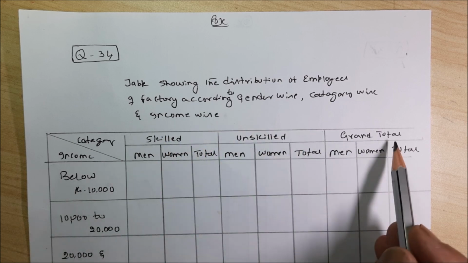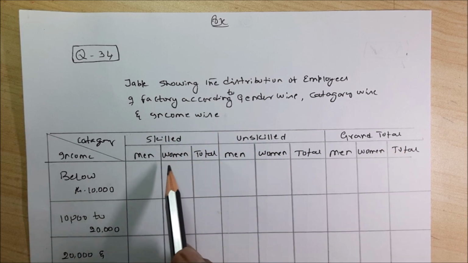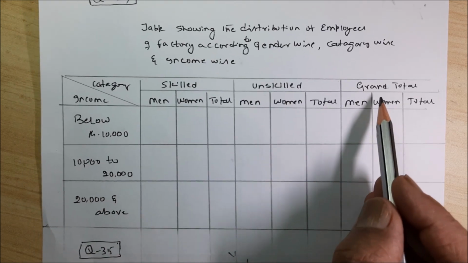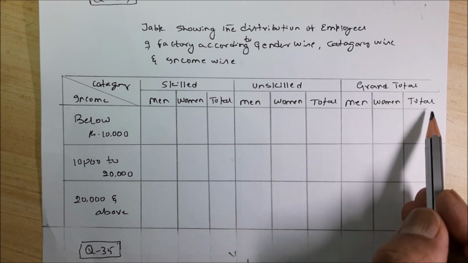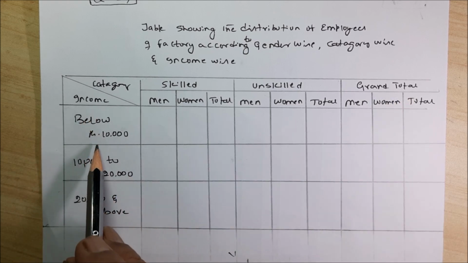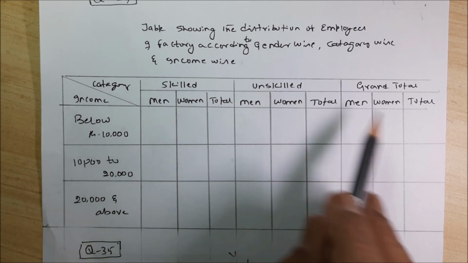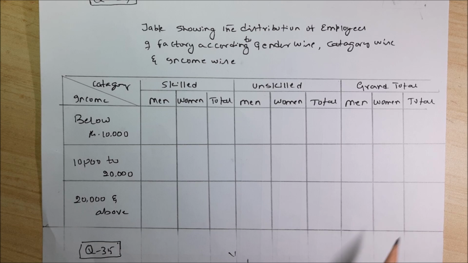Skilled, unskilled, grand total; men, women, total. Income below 10,000, 10,000 to 20,000, 20,000 and above. Whatever information has been given, everything is there. So this is how we prepare a blank table.